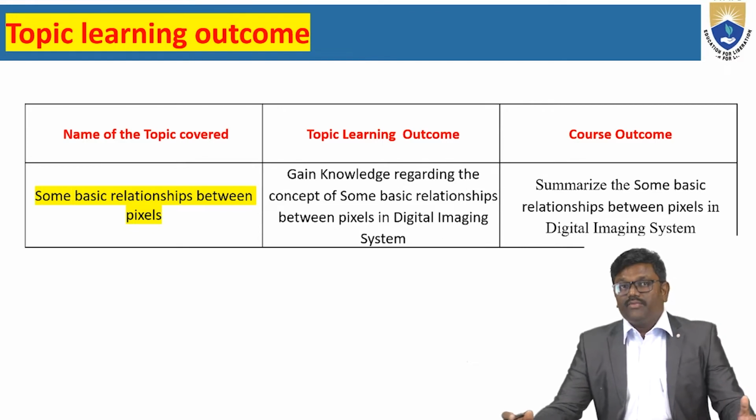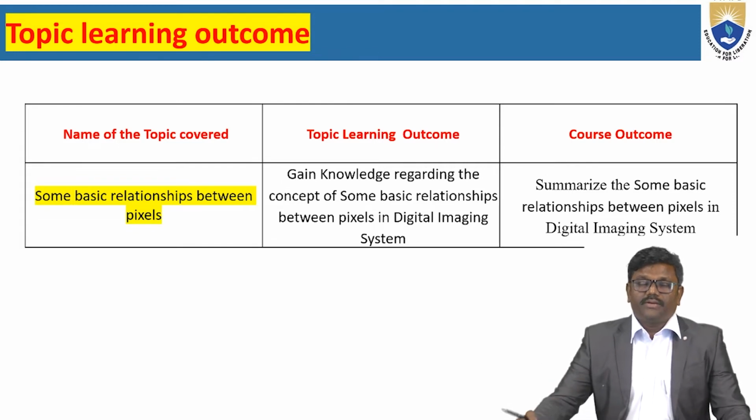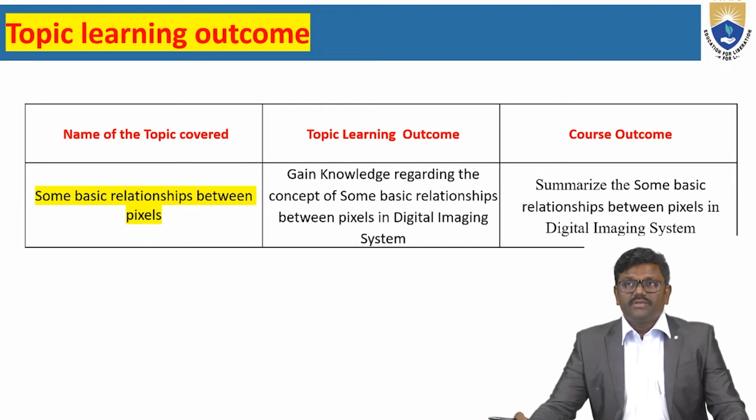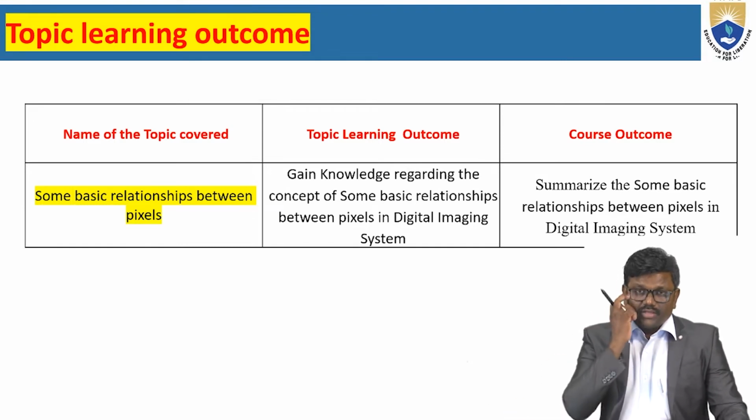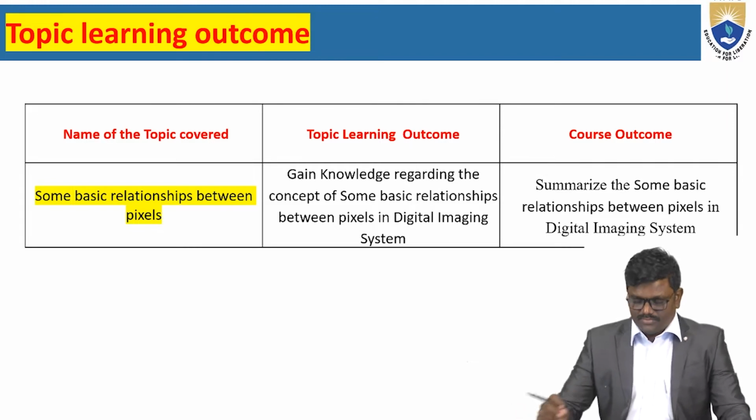Once you learn that outcome, then we see the course outcome, where we are studying image processing and analysis, summarizing the complete basic concepts. We are also concentrating on the relationship between pixels in a digital imaging system.